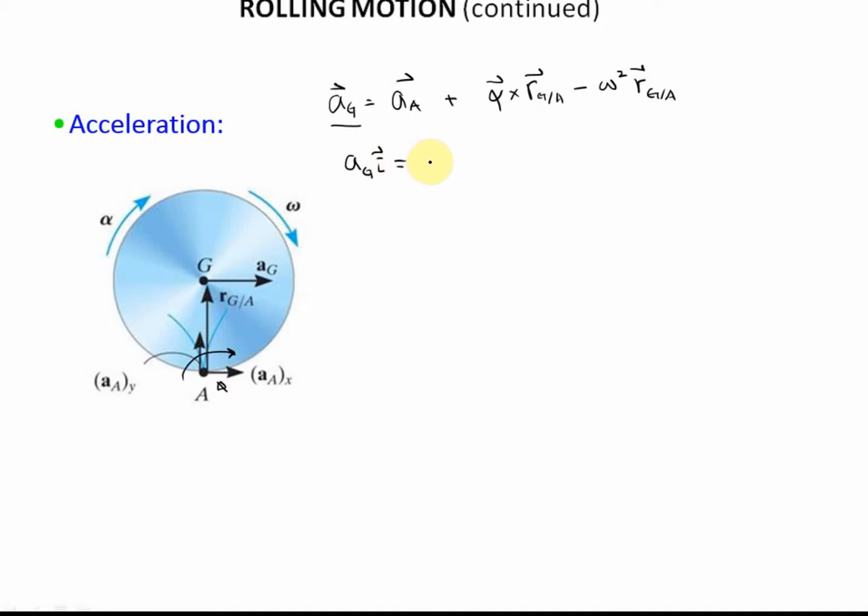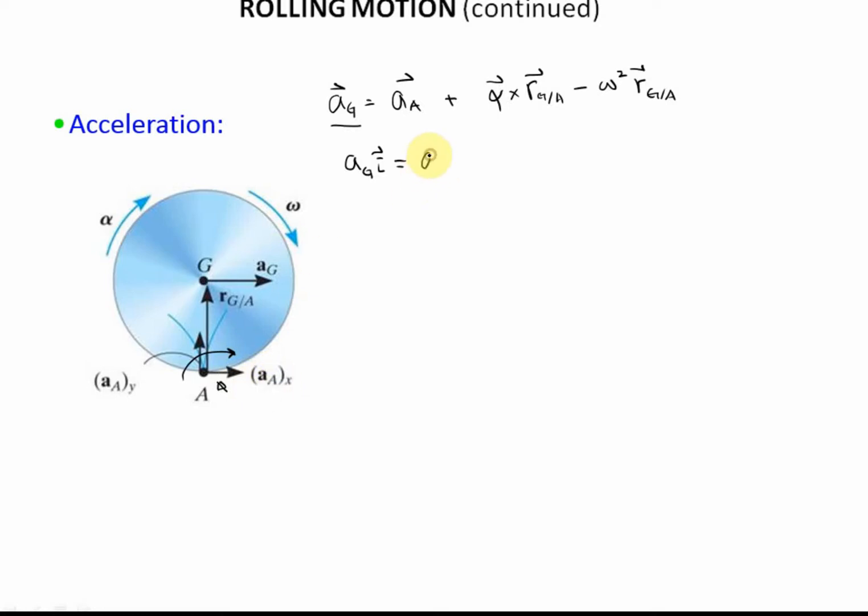As I told you, when A is coming close to the ground and leaving the ground, there is only acceleration along the y component. There's no acceleration along x.